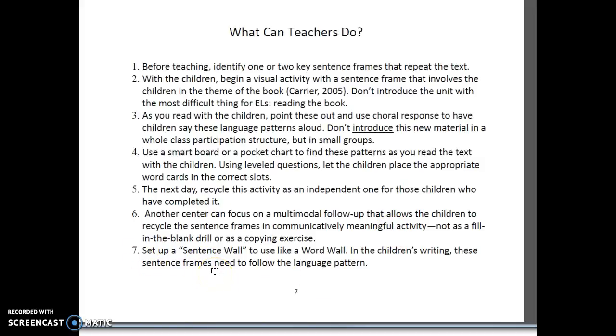She said, then set up a sentence wall in your classroom so that whenever they see that frame, they can put that sentence up. And this could be with the labels, like who, action verb, what, noun phrase, or it could be without the labels as they get more experienced.